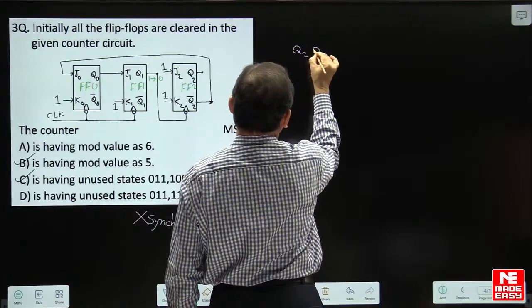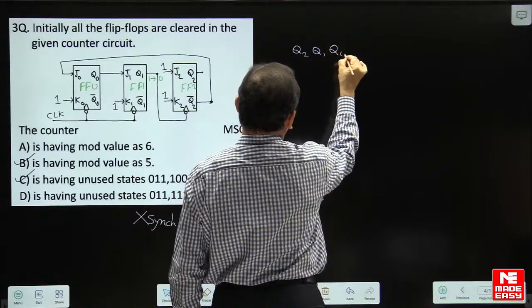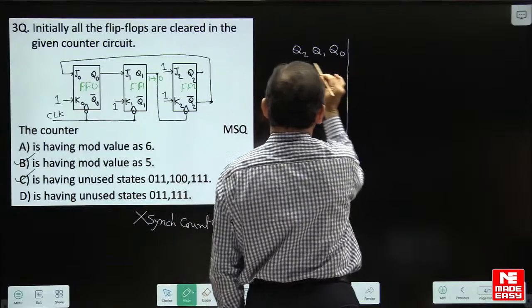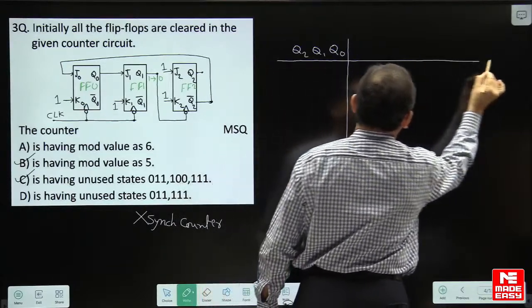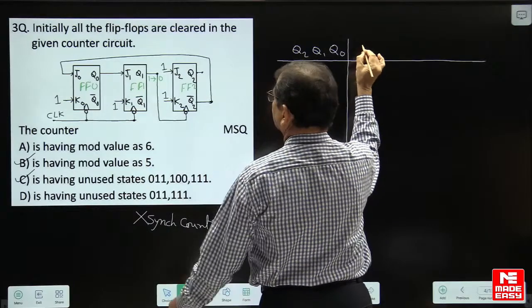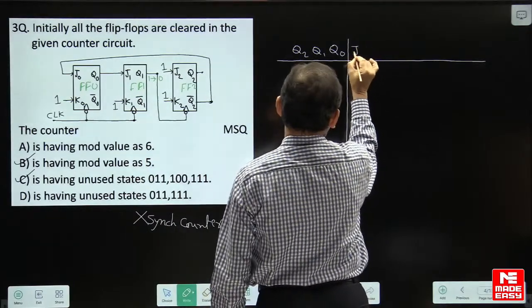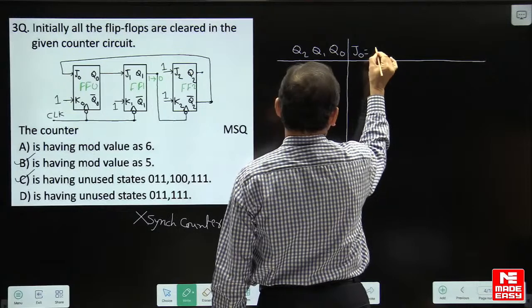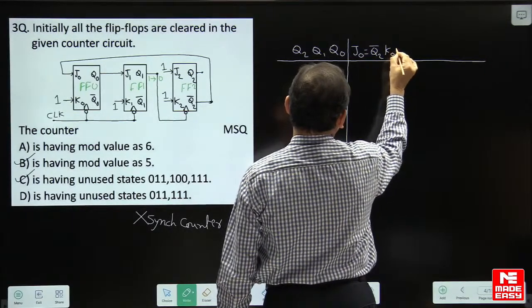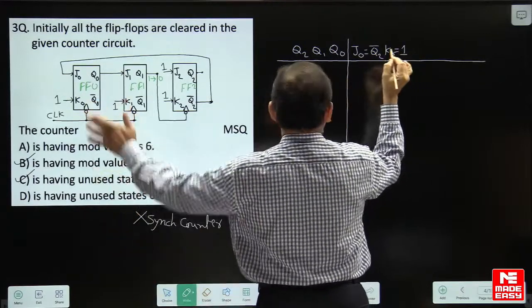Q2, Q1, Q0. If you look at the flip-flop 0 inputs, we are having J0 equal to Q2 complement, and K0 is externally connected to 1.